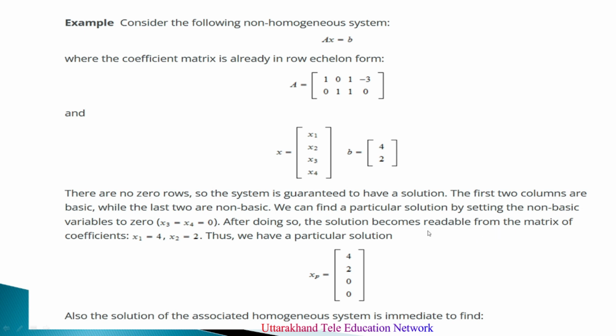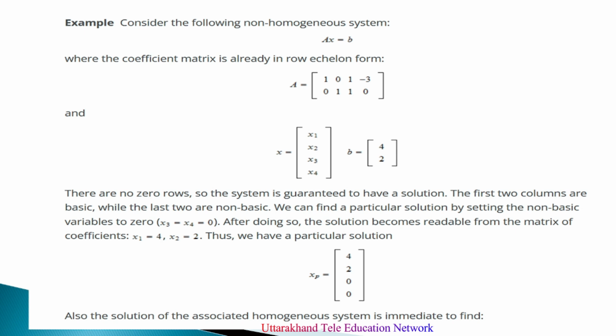From the matrix we can find the solution 4, 2, 0, 0, meaning x3 and x4 we have already put 0, so we get x1 and x2 as 4 and 2. This is the particular solution for the non-homogeneous equation. For the non-homogeneous equation we have found the particular solution, and now we will head towards the general solution.